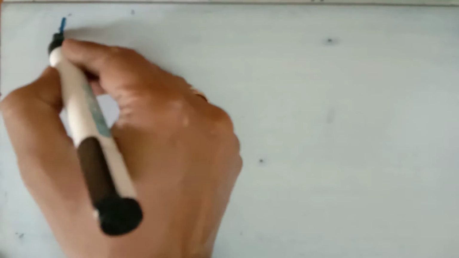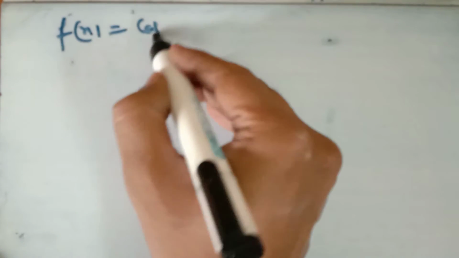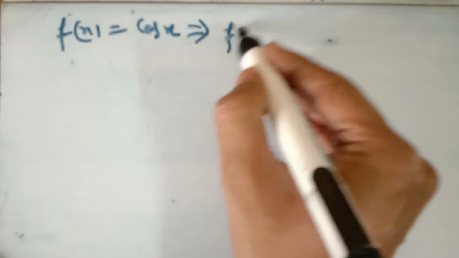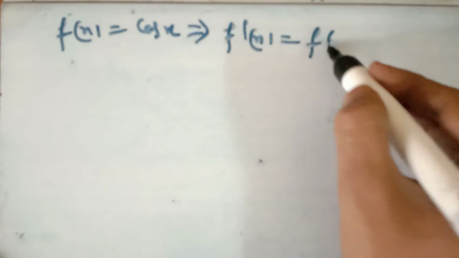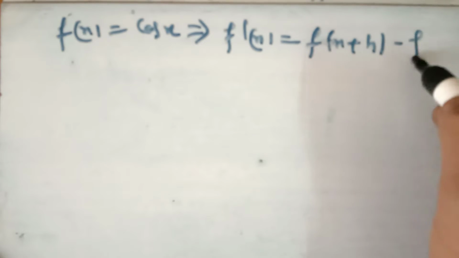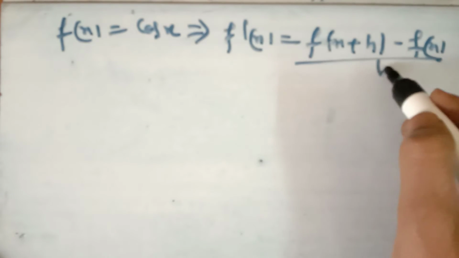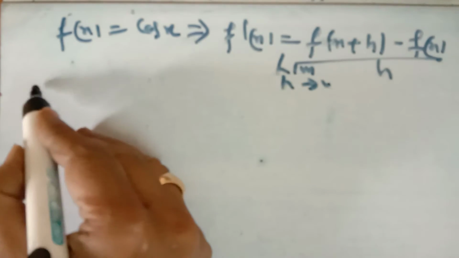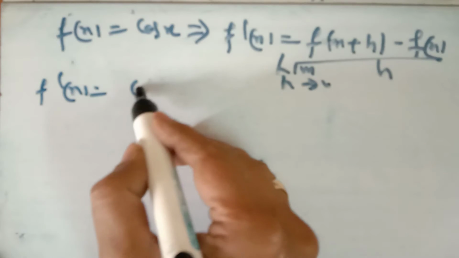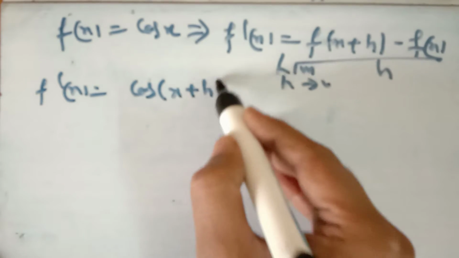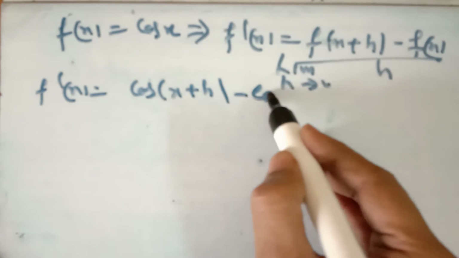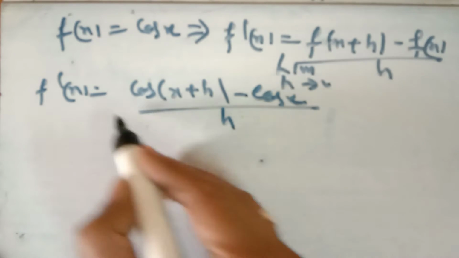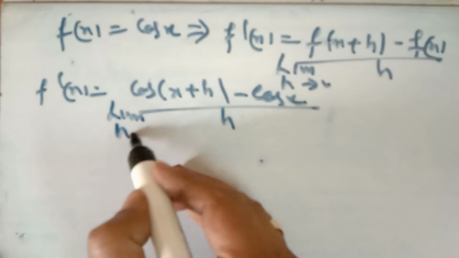Similarly, we can find the derivative of cos x. You can also find the derivative of cos x. Let us take f(x) is equal to cos x, and we know the formula for its derivative: f'(x) is equal to (f(x+h) − f(x))/h, limit h goes to 0. So as usual, f'(x) will be equal to (cos(x+h) − cos x)/h, limit h goes to 0.